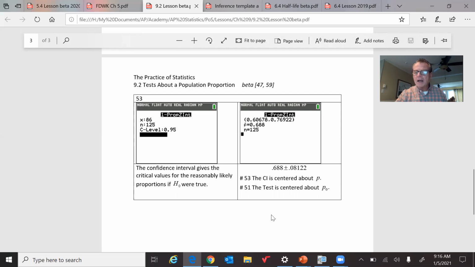But what you're trying to get your mind around here is this. In 53, the confidence interval is centered about p hat, which is 86 out of 125, about 69%. In 51, the test was centered about the null, p sub 0, 60%. But in both scenarios, we rejected the null. Because why?